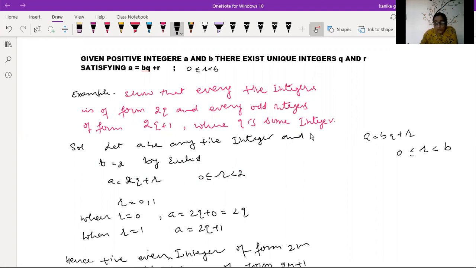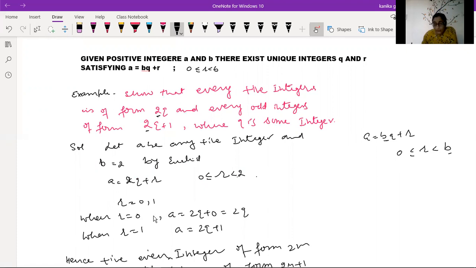So we have to choose here b is equal to 2, because we have to prove that the integer is of the form 2q and 2q plus 1. So here we have to take b is equal to 2. Then a is equal to 2q plus r, 0 is less than or equal to r is less than 2. Here b is equal to 2, so we have to write 0 is less than or equal to r is less than 2. So the value of r is 0 and 1.